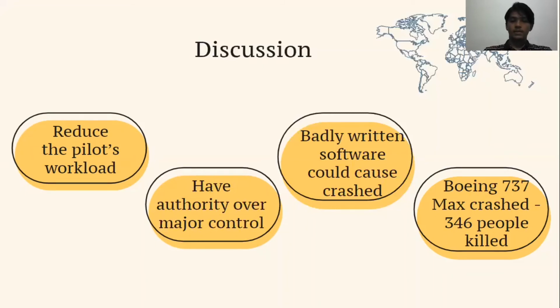So he switched the primary display to use the working sensor from the right side only. This process took under a minute, and then everything went back to normal. However, another problem occurred, and the plane started to lurch down and crash. A similar problem happened in the other crash also.